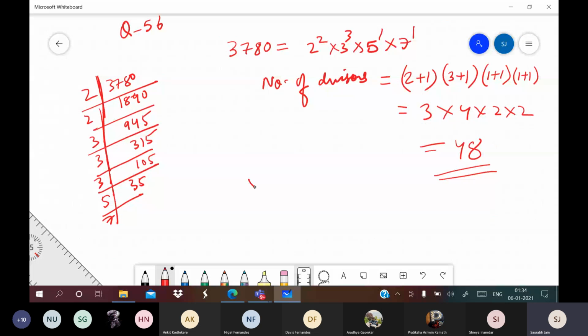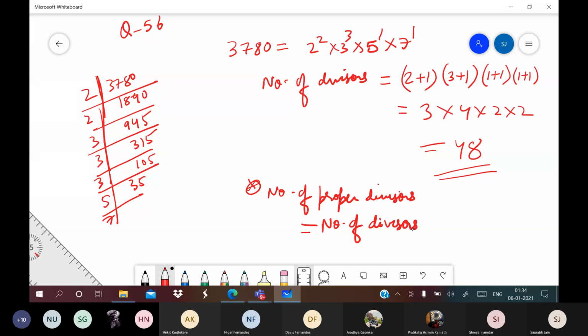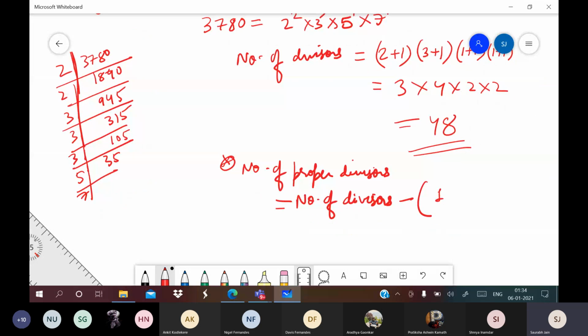Now the number of proper divisors, you can learn about this now. Number of proper divisors is the number of divisors minus two numbers. Which are those two numbers? 1 and the number itself.